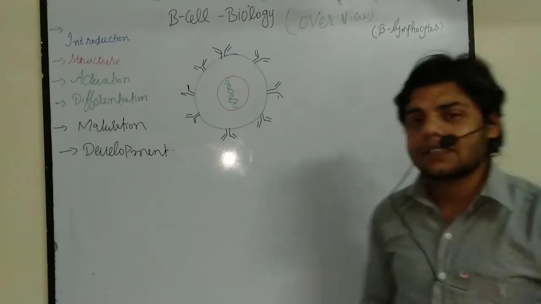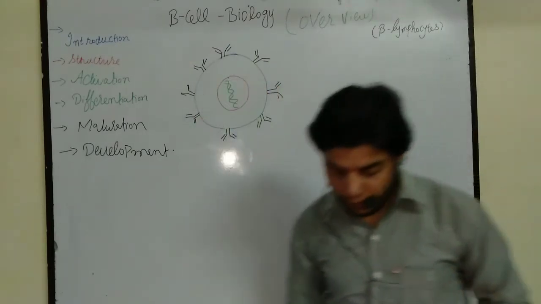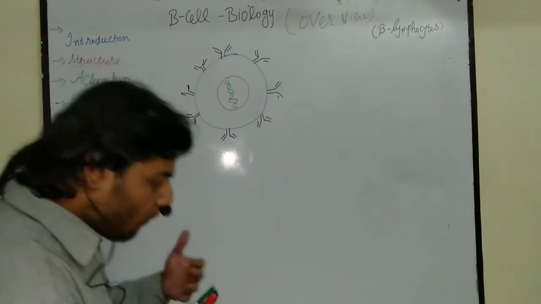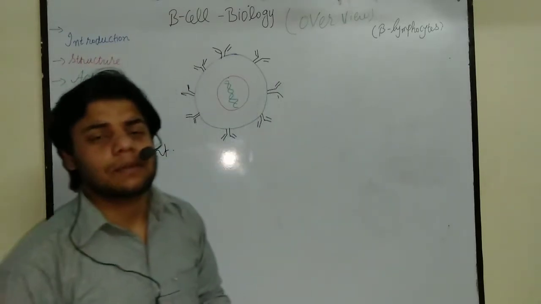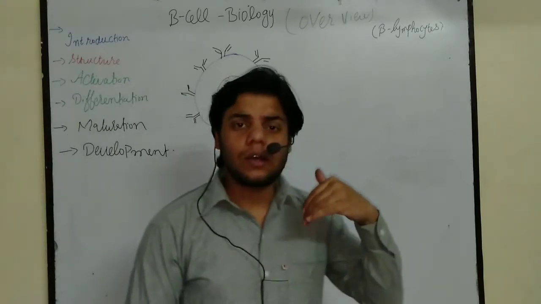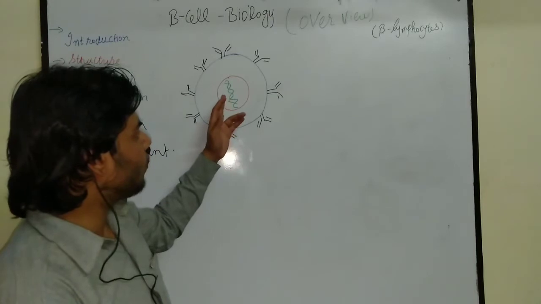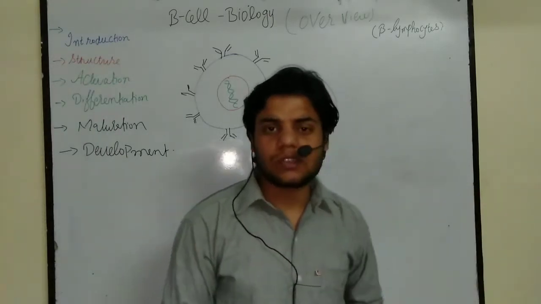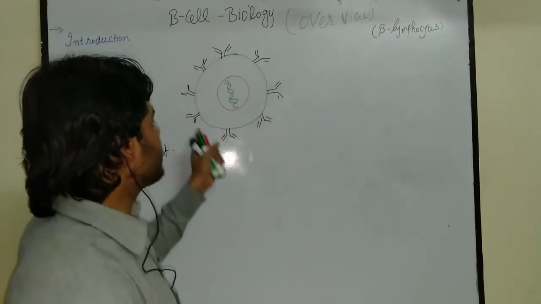So now let's talk a little bit about the B cell receptor, which is very important. B cell receptors are mainly formed from this DNA portion. Inside the DNA there are some regions which are specially responsible for the B cell receptor. Due to these regions, transcription and translation occur, and it will make different types of B cell receptor.